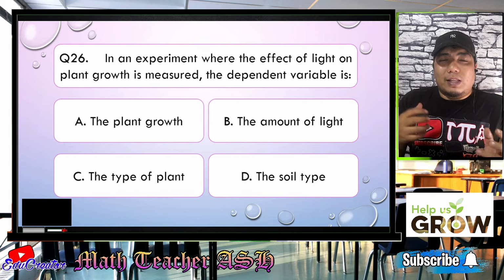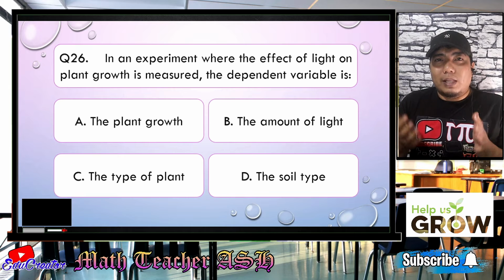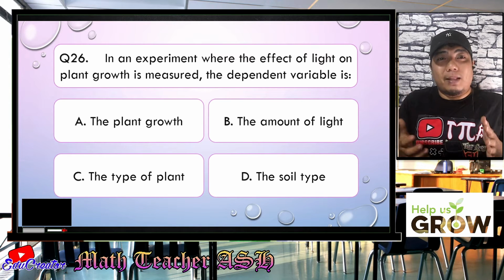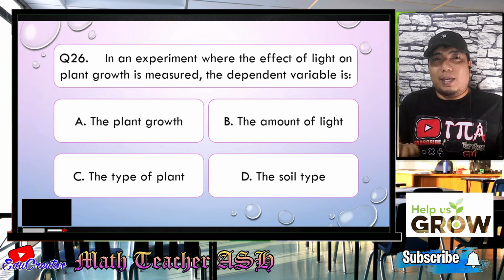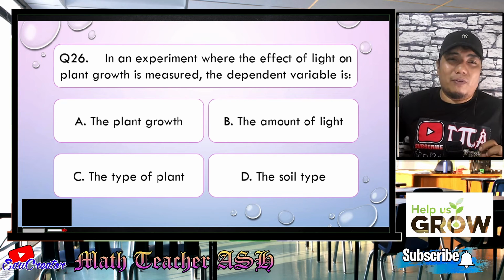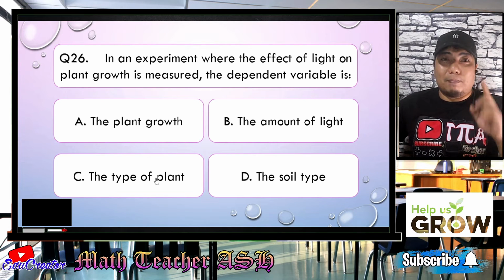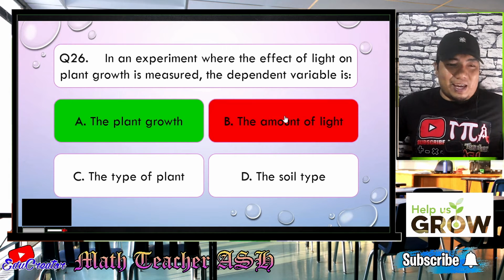Of course, what is being talked about here is how the plant will grow? So the plant growth here is basically dependent on how much light is being given to the plant. So therefore, the dependent variable for this given scenario is the plant growth. Letter A, my dear math learners.